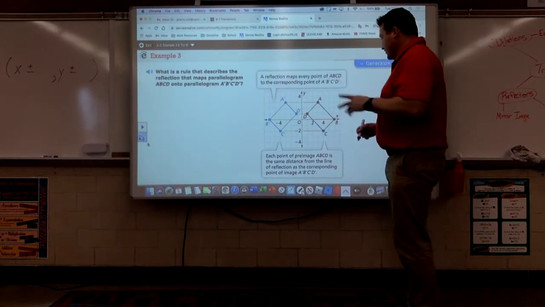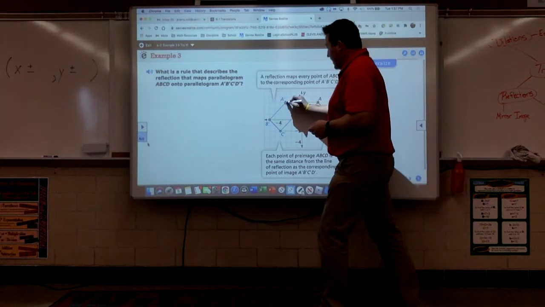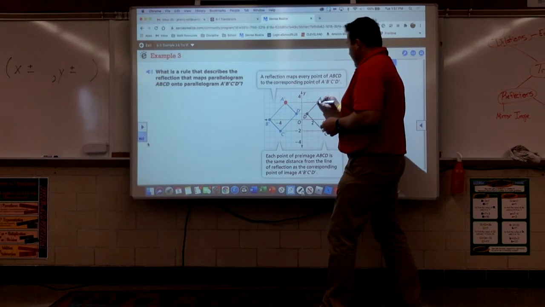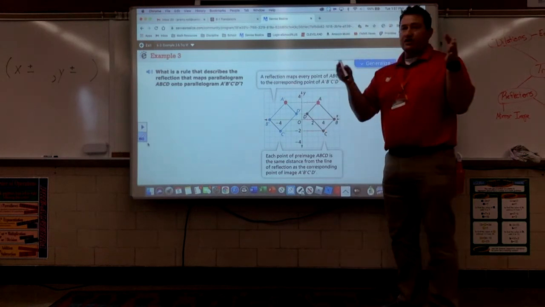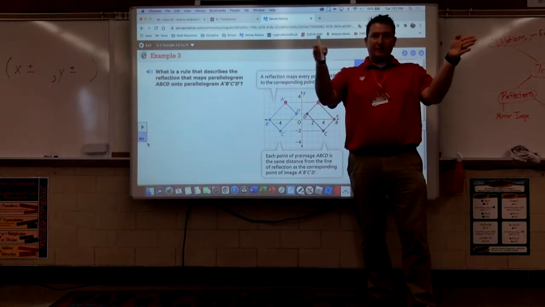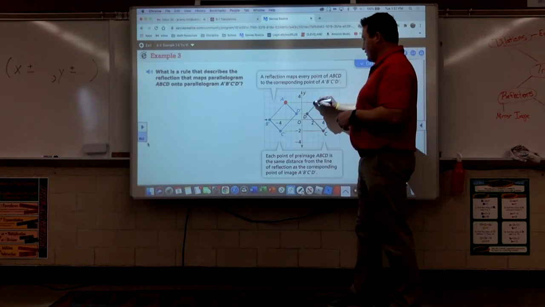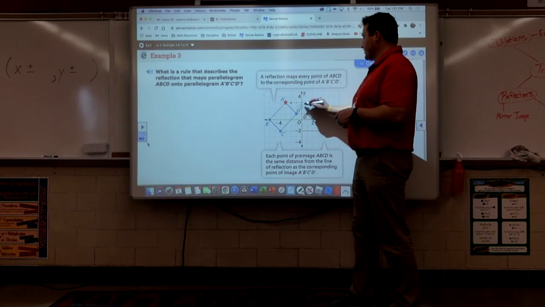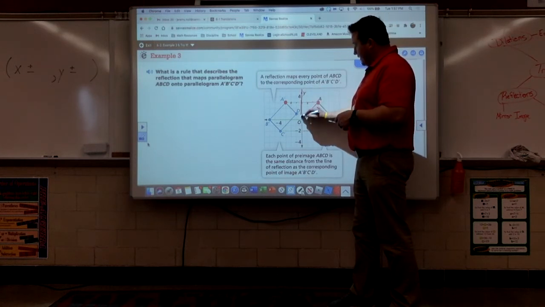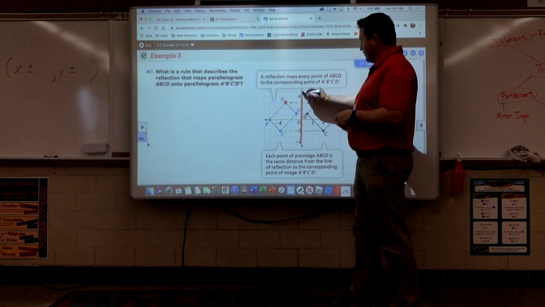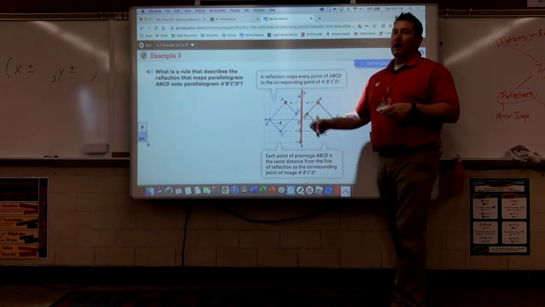So I'll choose A, since it's all the way up here. So here's A and A prime. I literally just want to find the middle point between those two. So here goes 1, here's 1. Here's 2, there's 2. 3. So right here, this is the middle.